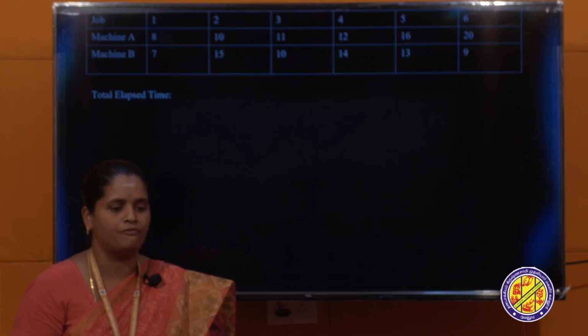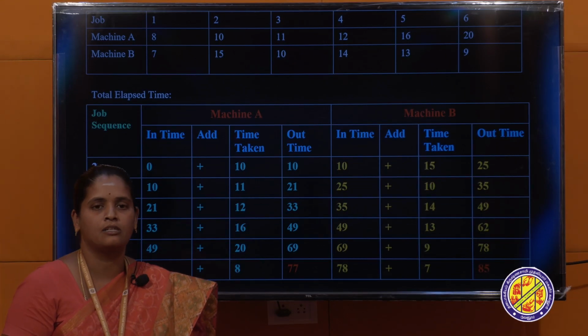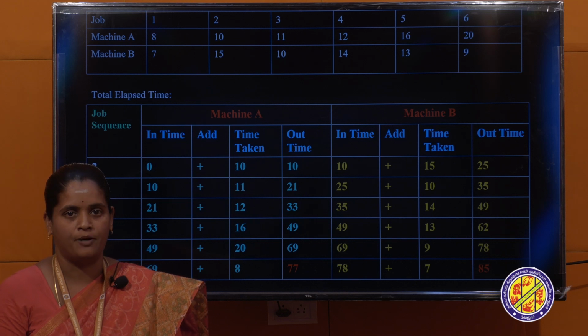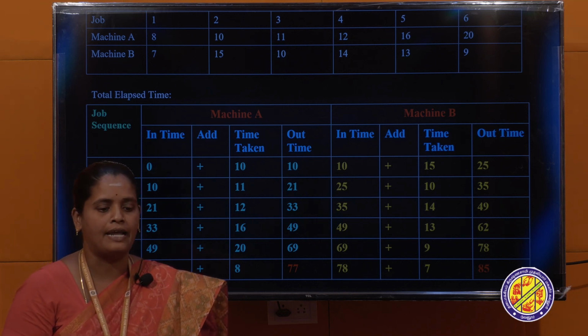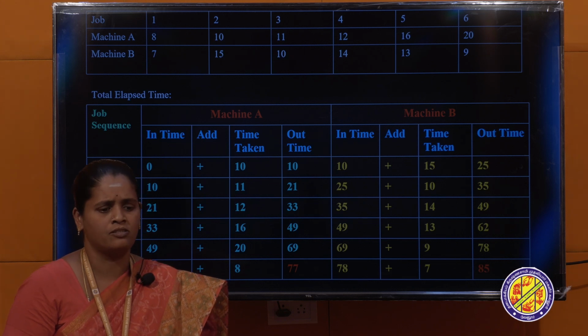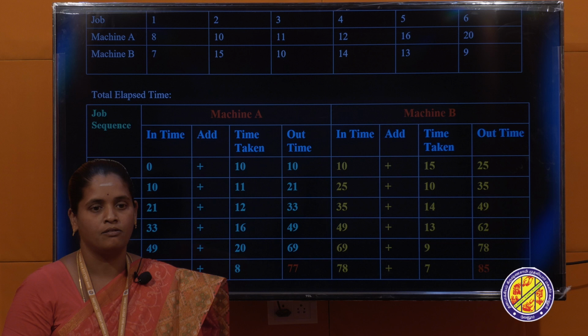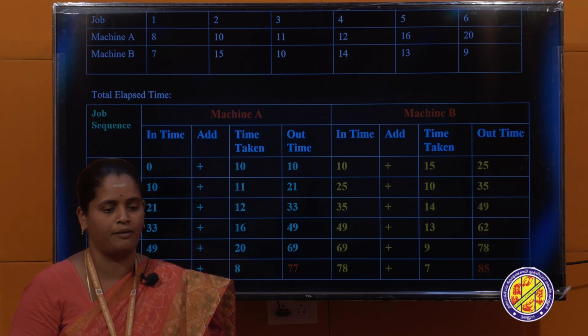Next we need to find the total elapsed time. For this we need a table. The first column contains the job sequence, and then the in time and out time of mission A, and the in time and out time of mission B. The in time for the first job is 0, and the out time is obtained by adding the in time and the processing time of the job on the corresponding mission.